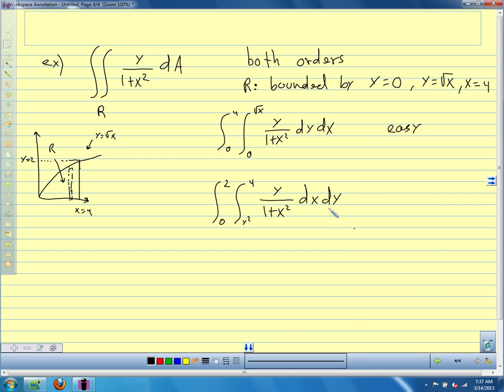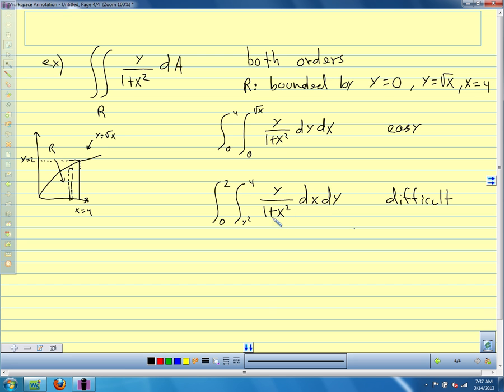And this one will be a more difficult integral to evaluate for the first iteration. So this one is difficult. Remember, when we do the inner integral here, we're integrating with respect to x.